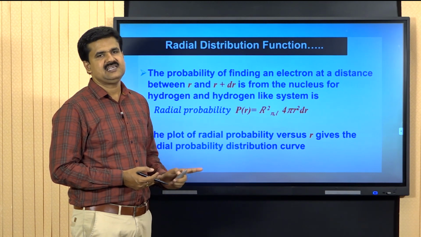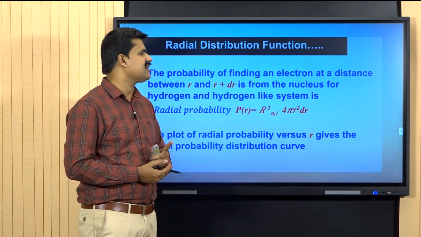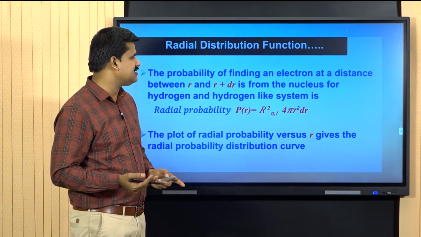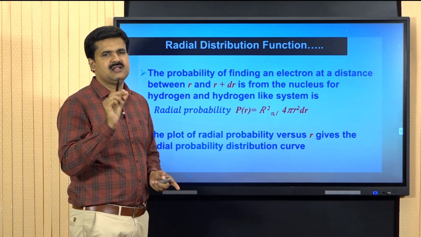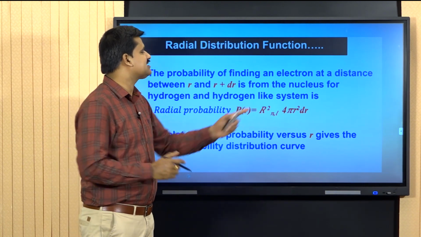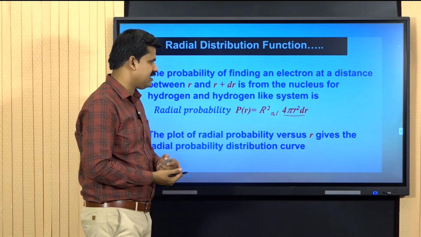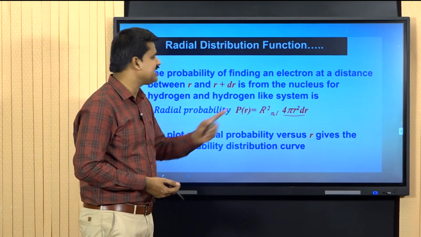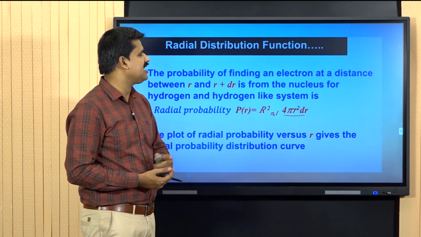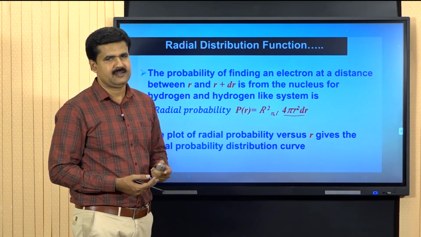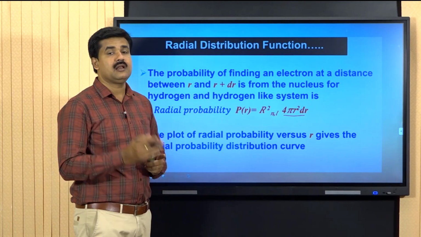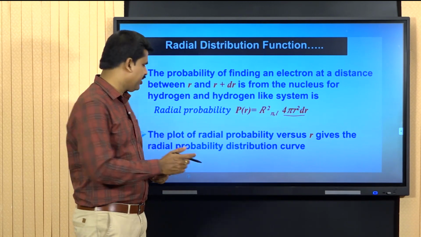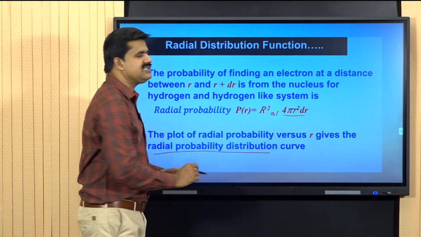Radial probability is represented as P(r) equal to R n l (r) square into dV. dV we already learned is the volume of the small shell with thickness dr, numerically equal to 4 pi r square dr. Therefore, the radial probability function P(r) is equal to R n l (r) square multiplied with 4 pi r square dr.